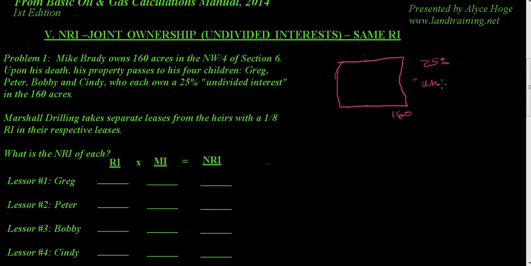And it's called undivided because it cannot be divided unless it's by judicial partition, where a judge can divide it out. But the key concept to recognize is that there's no specific area where A owns only, B owns only. Each owns a 25% undivided royalty interest.